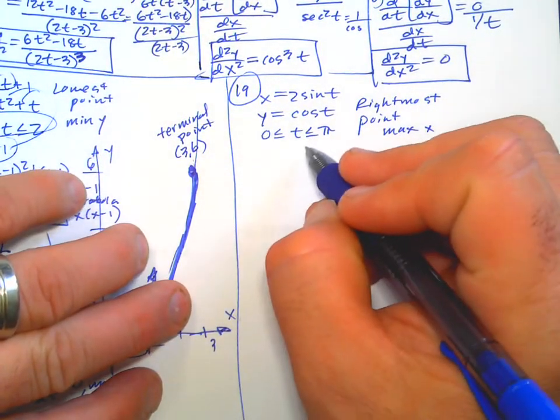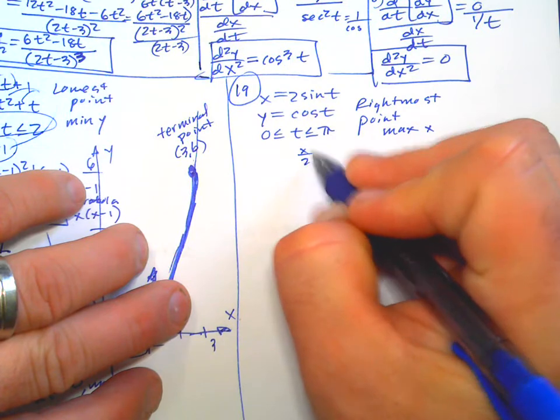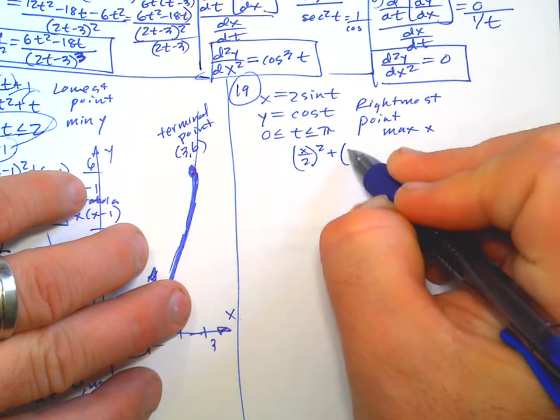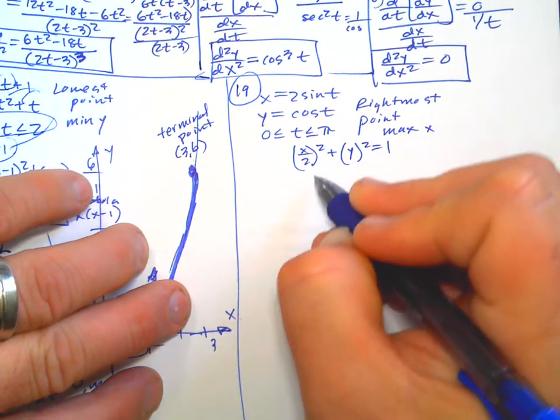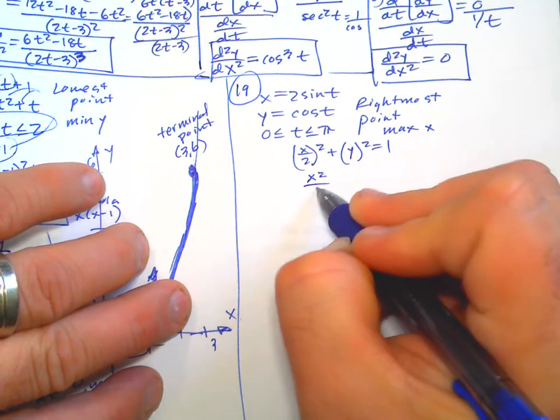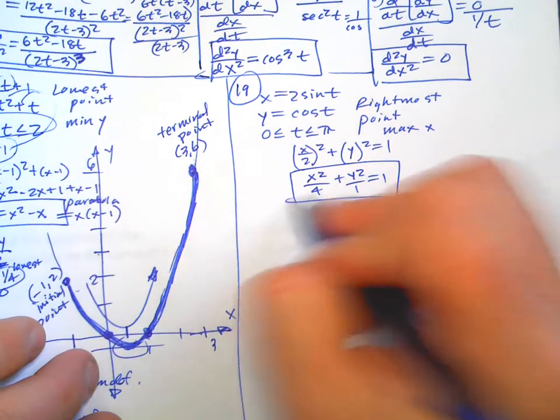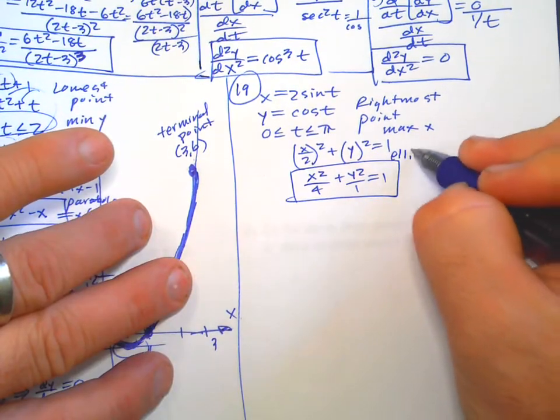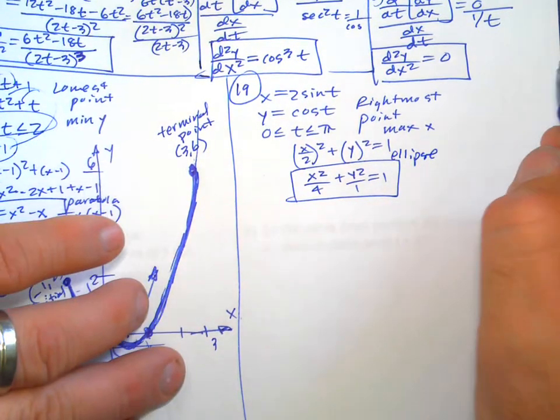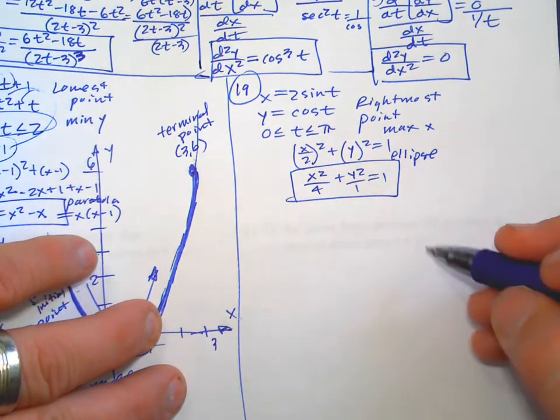Sine squared, that's going to be x over 2 squared, plus cosine squared is going to be y squared, equals 1. x squared over 4 plus y squared over 1 equals 1. This is an ellipse. So we could start sketching it.